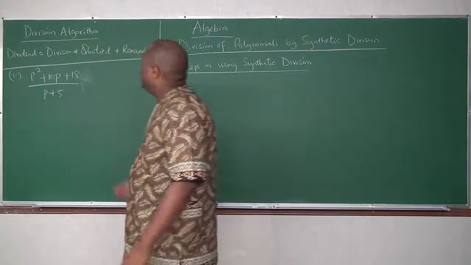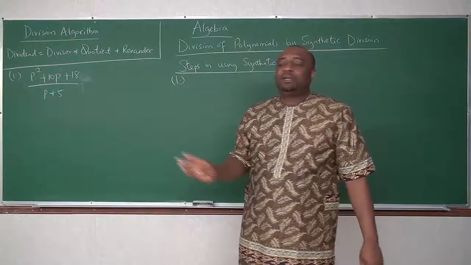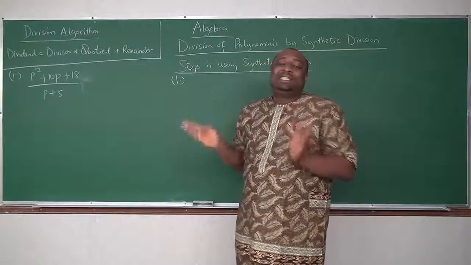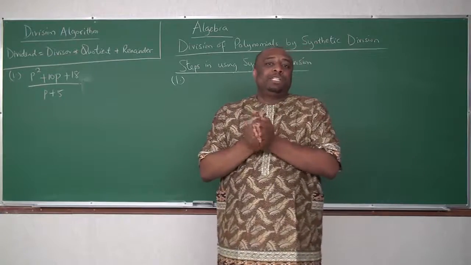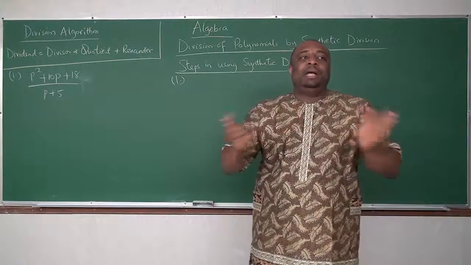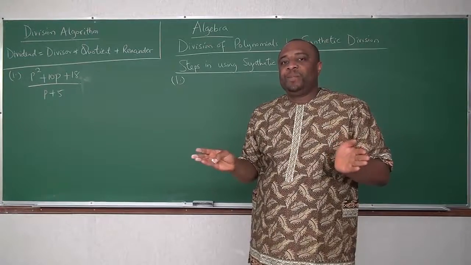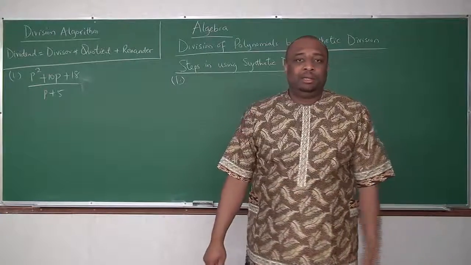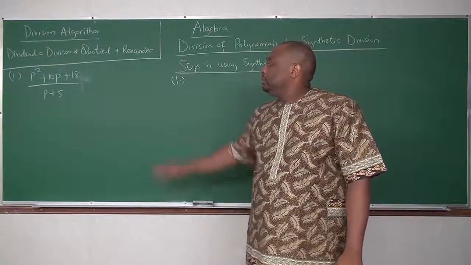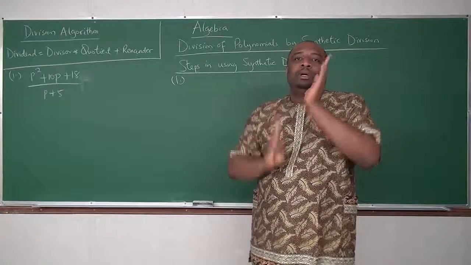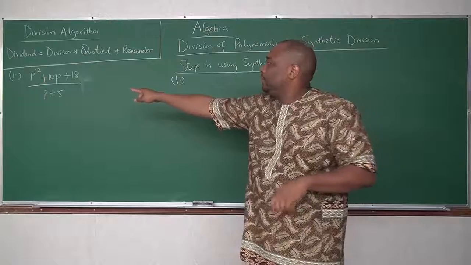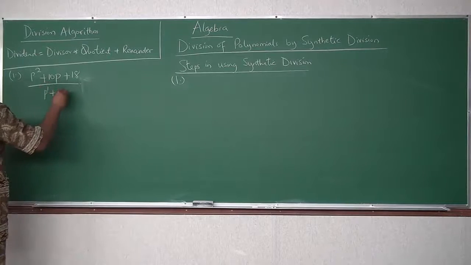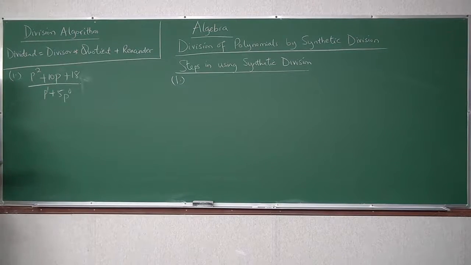Step 2, make sure the divisor is complete and in descending order of exponents. With synthetic division, the divisor must be a linear term. So it has to be first with the p to the 1, and then p to the 0.